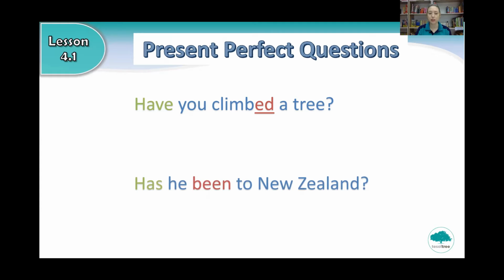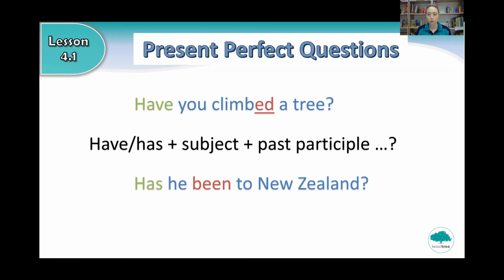And here's another example. Has he been to New Zealand? Has he been to New Zealand? So when we make a question with the present perfect, we use have or has and the subject.